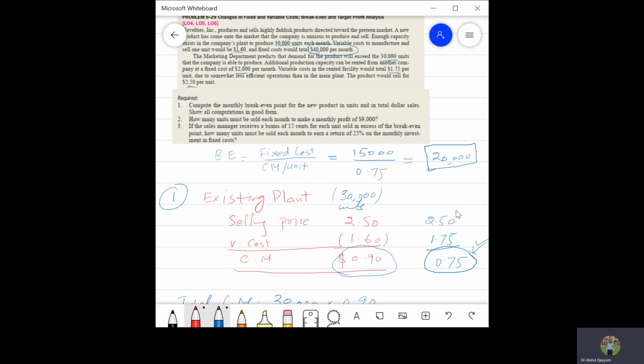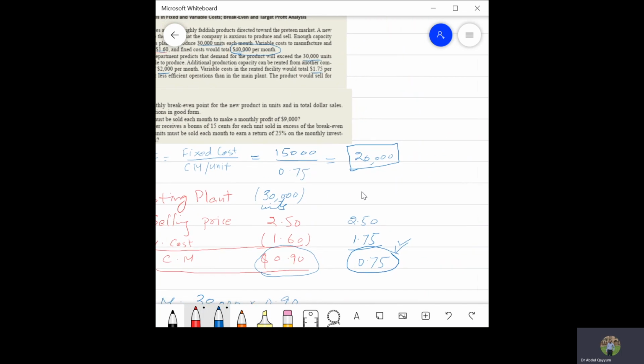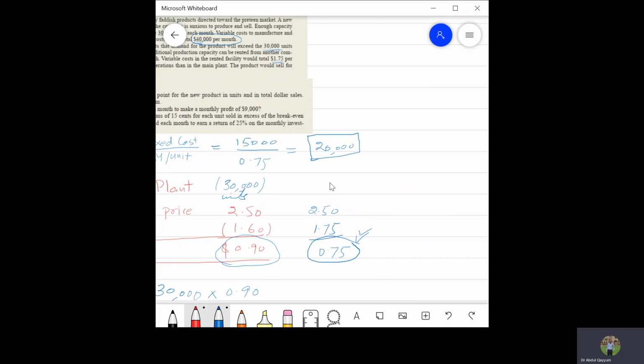So to get to the break even, we need to produce 20,000 units from this rented capacity.